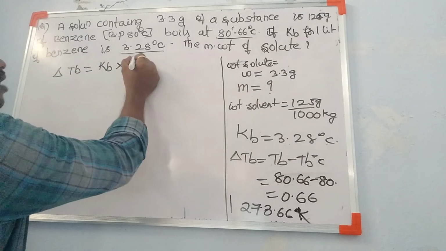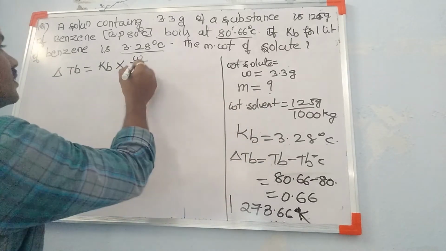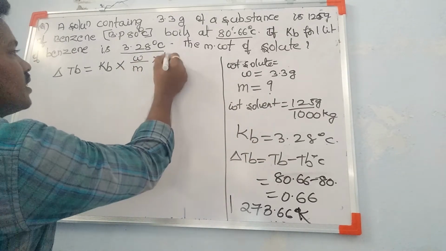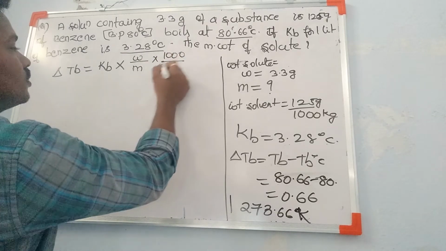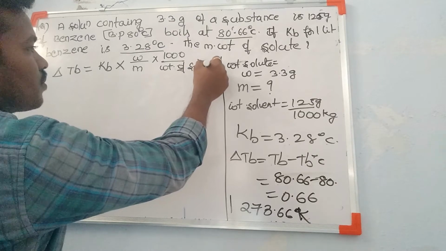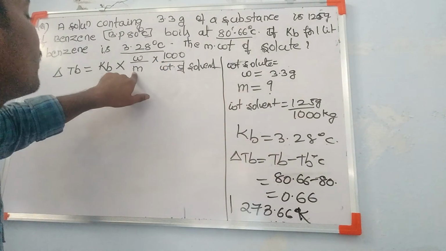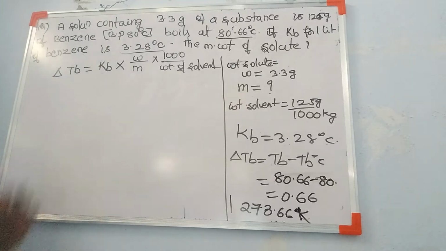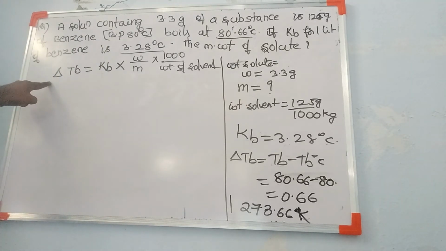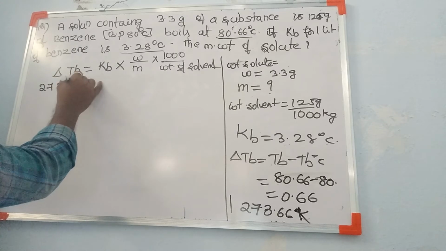Molality is the number of moles of the solute divided by the weight of the solvent in kg. Generally we write the weight of the solvent in kg. They are asking to calculate the molecular weight of the solute. So what is the delta TB here? Delta TB is 273.66 Kelvin.